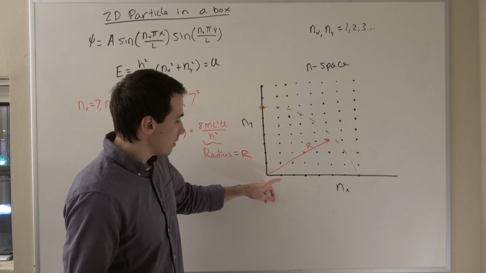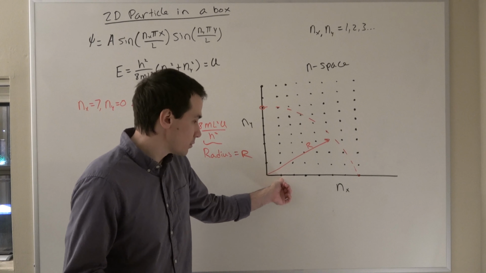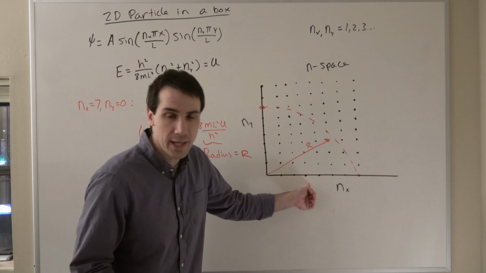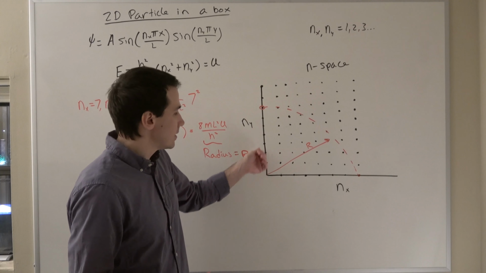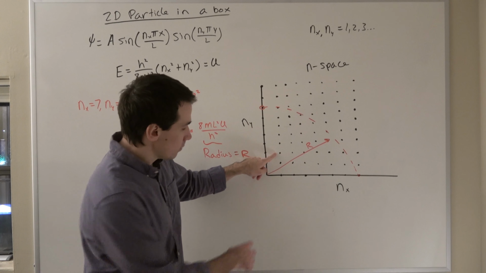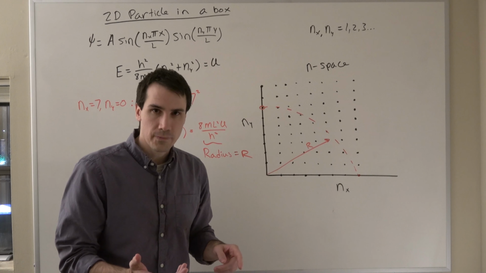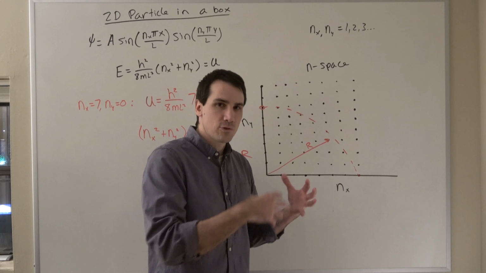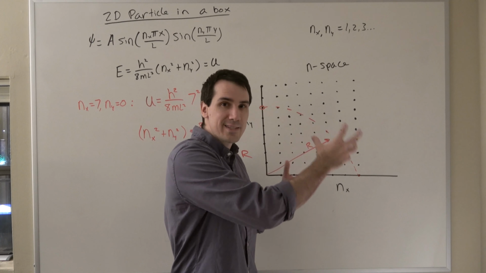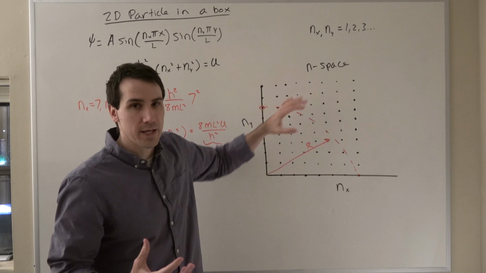I've put a dot at each, so this would be nx equals 1, nx equals 2, nx equals 3, etc. And the same for y. Any given state, like this state here, would be nx equals 1, ny equals 2. It's just a way of visually showing how many states there are and what those states look like in this n space.